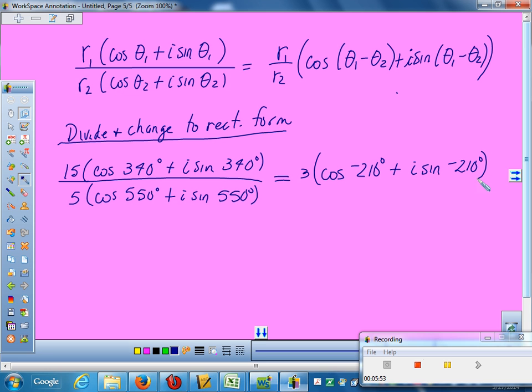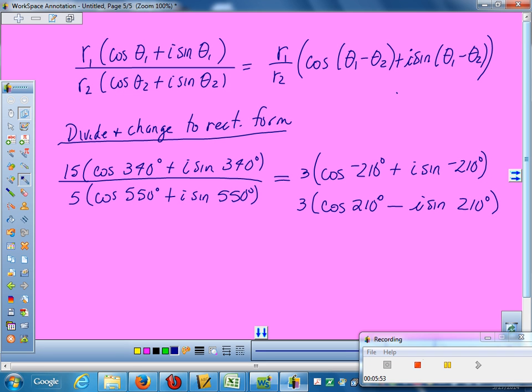So if we were stopping here, they would make you change this: cosine of a negative angle is exactly the same thing as cosine of the positive angle, but sine, we pull the negative out front. And it's all about whether cosine is an even function and sine is an odd function. That's why all that happens. But if you were stopping, you would stop there.